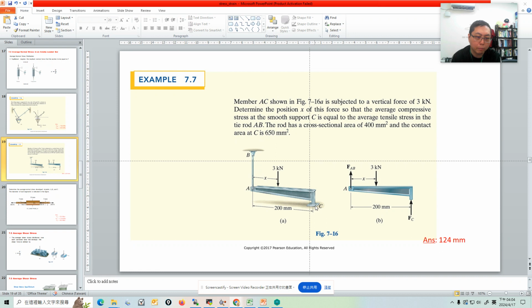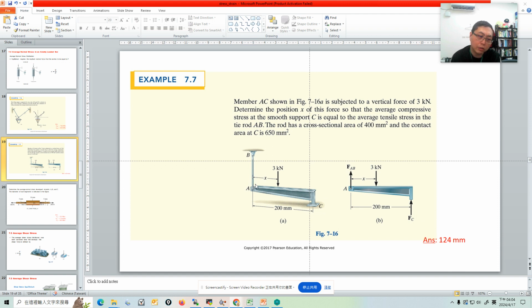Okay, this smooth support has a compressive stress. The compressive stress at C is equal to the average tensile stress in the tied rod AB. So this member is subject to an external force, and the supports lead to the compressive stress and the tensile stress at the rod AB.